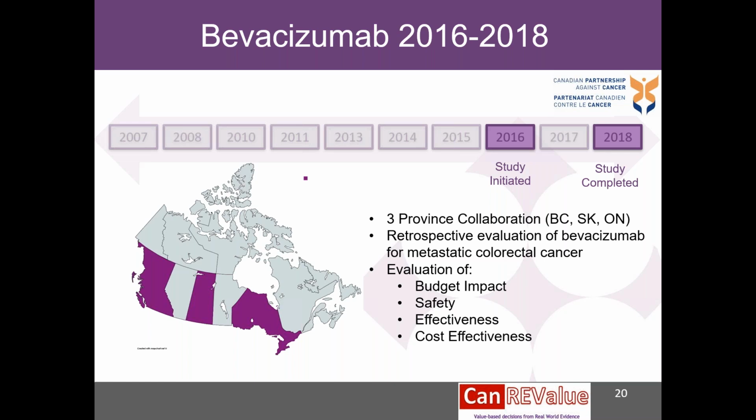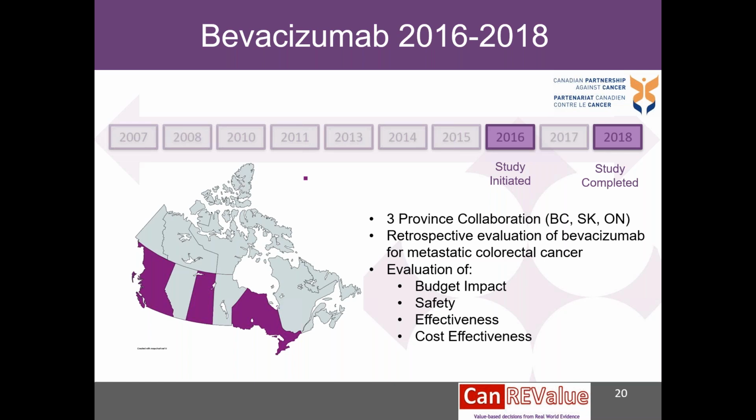And that may be because they were from a timeline where bevacizumab hasn't been funded yet, or maybe they are from a timeline that is after bevacizumab is funded, but for various reasons, they have not been getting bevacizumab. And by doing the comparison of patients who received bevacizumab with those who did not, we were able to do a comparative analysis for 3 provinces.